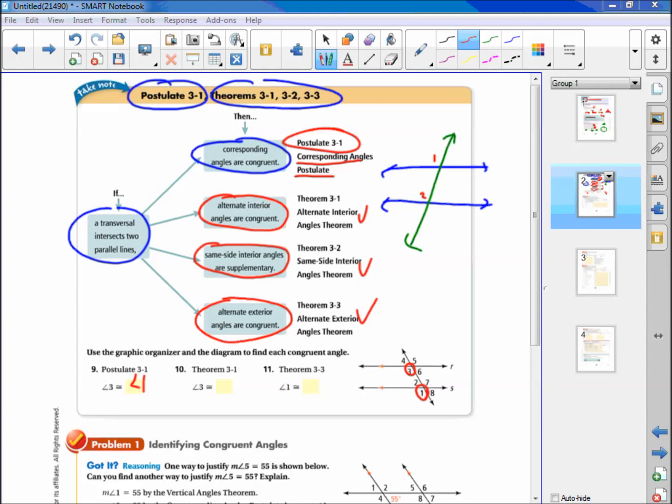And then using theorem 3.1, the alternate interior angles theorem, we should be able to show that 3 and 7 are congruent. They're alternate interior. And then using the alternate exterior angles theorem, 1 and 5 should be congruent to each other because those are alternate exterior. All right.